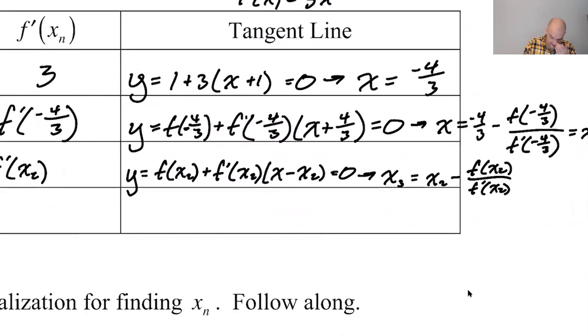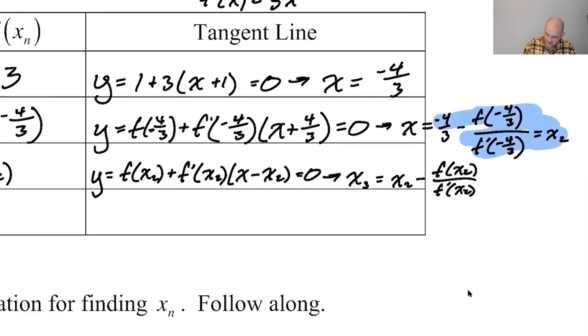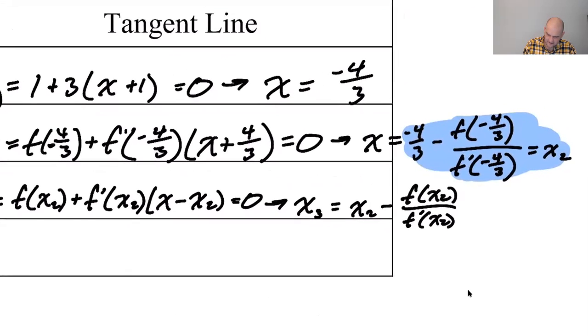And then do you see how this has a specific form that's kind of developing? This whole part could have been written as x1.